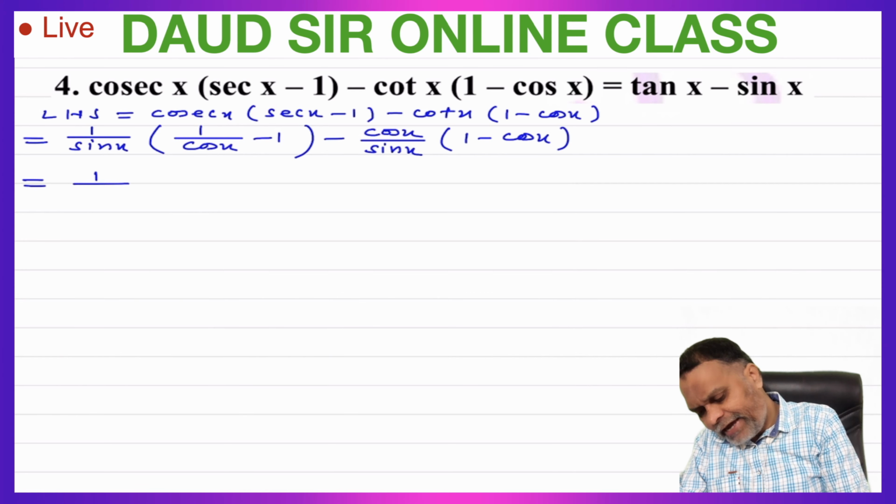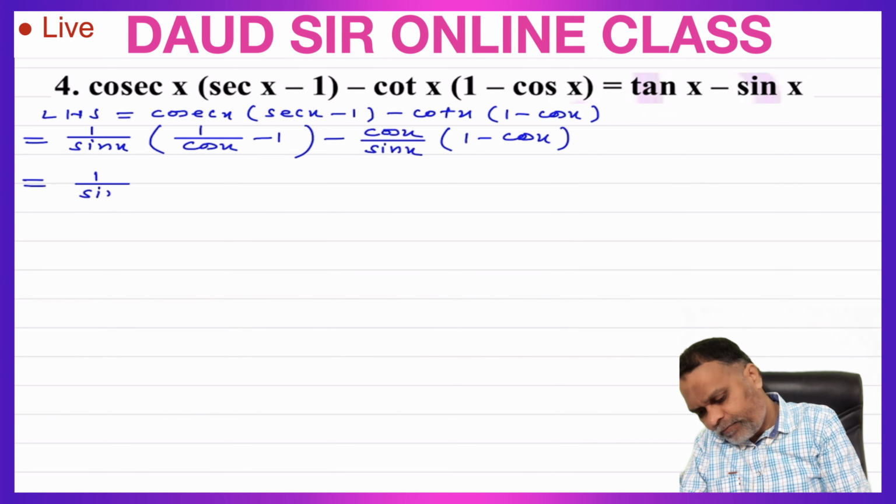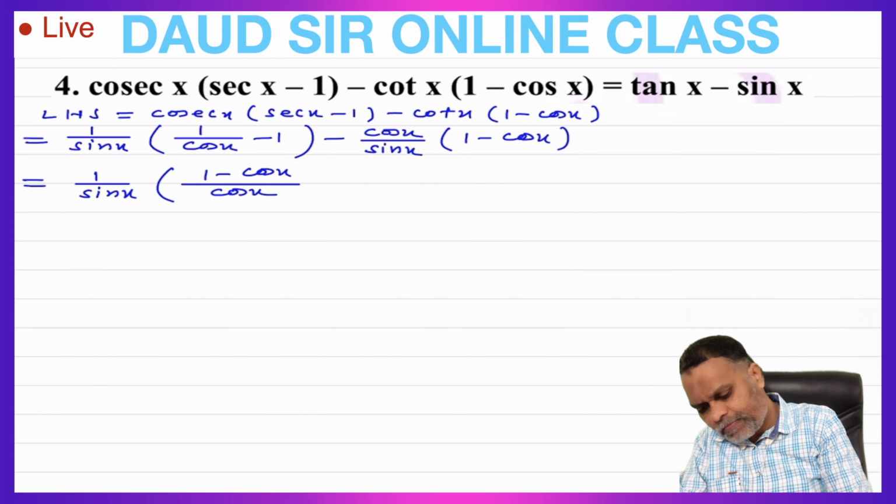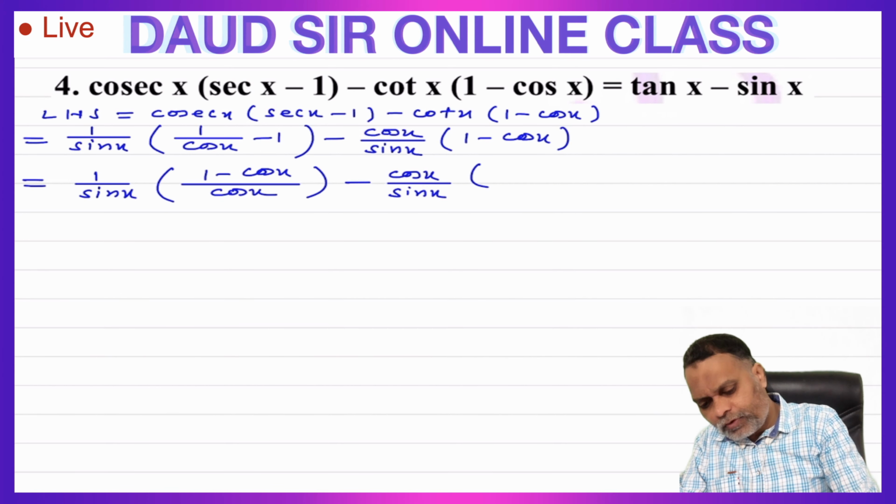1 upon sin x as it is. Take LCM in this bracket. LCM of cos x and 1 is cos x, so it is (1 minus cos x) upon cos x, minus cos x upon sin x as it is, into (1 minus cos x).